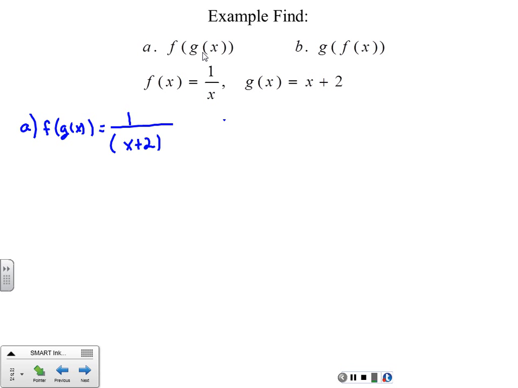For B, this is a composition as well. This says G composite F. Take G, and everywhere you see an X, plug in the F of X. So G, make a skeleton for X, and plug in F of X. So from here, we can simplify this. What would the common denominator be?